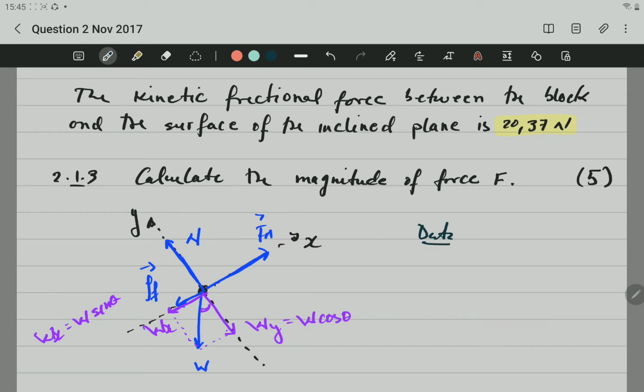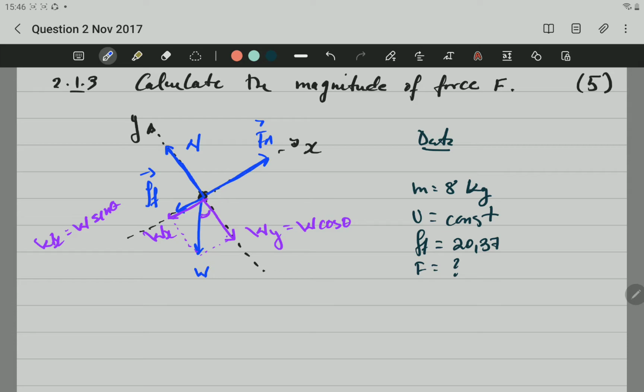Now let's write the data for this question. What do we know? We know that the mass of the object is 8 kilograms. We know that the object is moving at constant velocity. That is very important. We know that the frictional force given to us is 20.37, and we know that the applied force is what we are looking for. Now let's determine what law can help us to solve this problem.